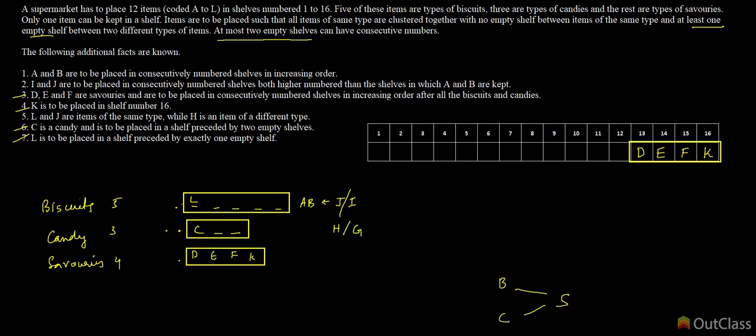Now, so basically L is followed by AB and AB is followed by JI. Now regarding clue 1, which is the only thing we have not used, A and B are consecutively numbered in increasing order, so it's A followed by B, and then JI in some order that we don't know.